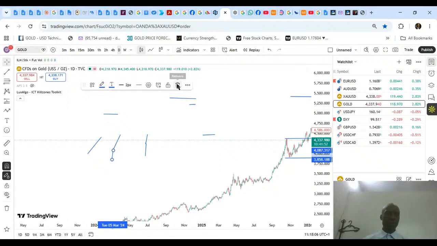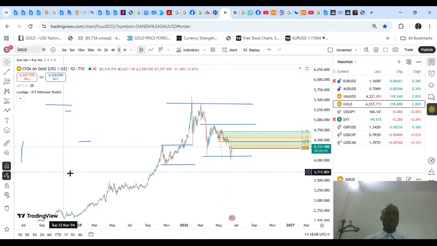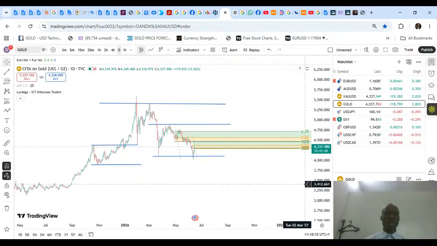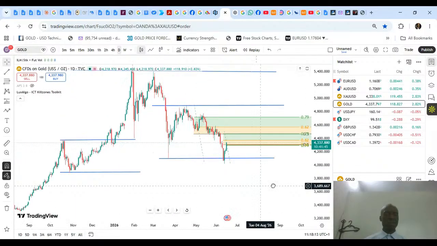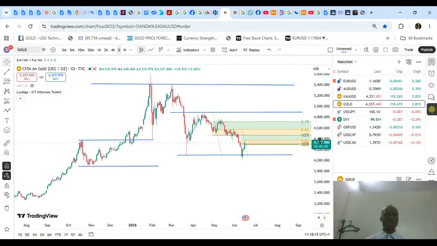Okay, I think that should be it. Now look at the gold chart. I've already marked this out just for us to save time.